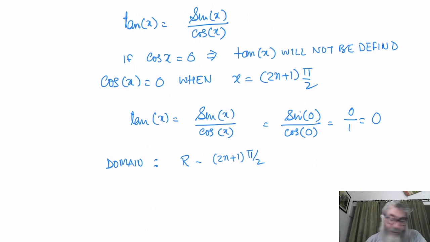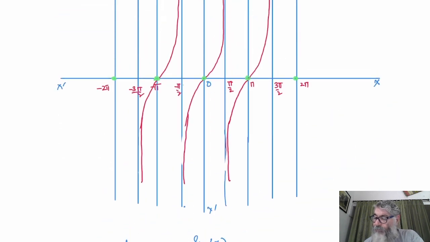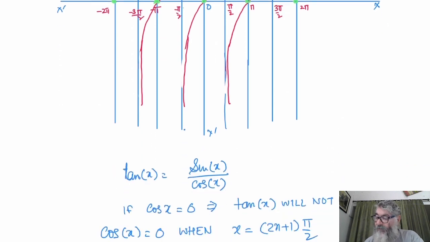And what about the range? The range, there is no problem. It is covering from minus infinity to plus infinity. Range we take on the y-axis. Domain is always along the x-axis. Range is along the y-axis.